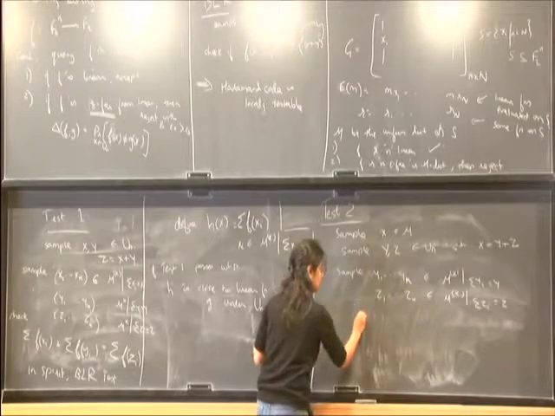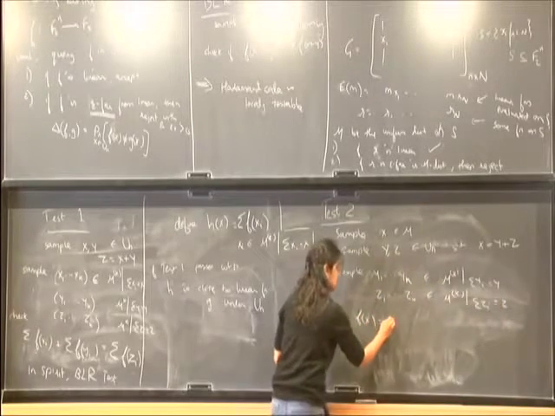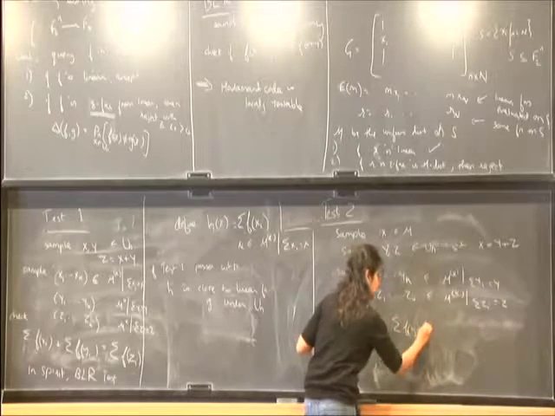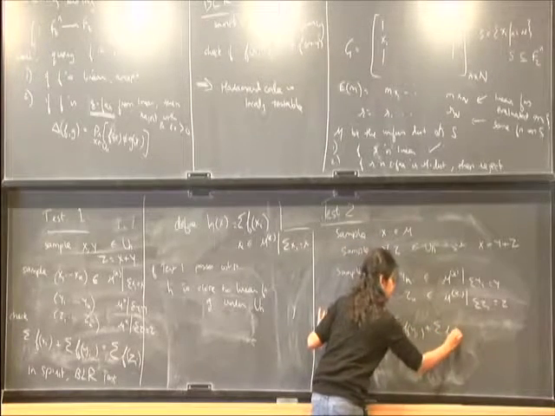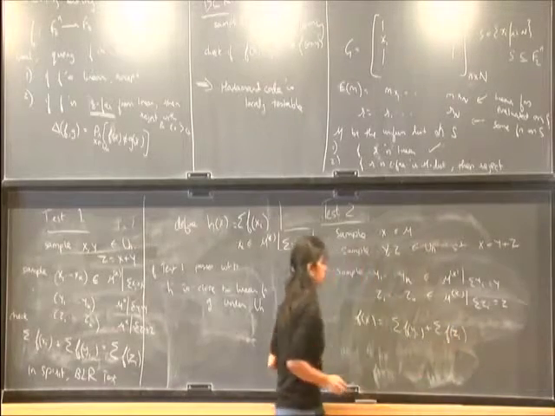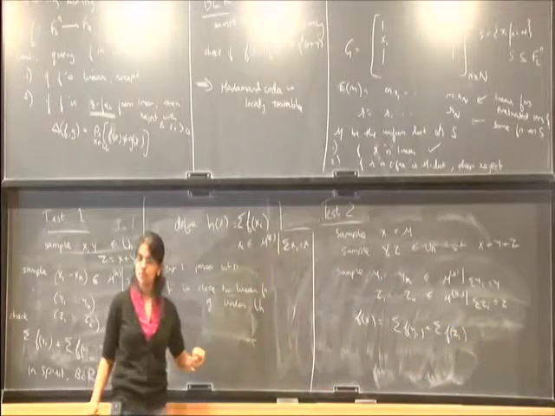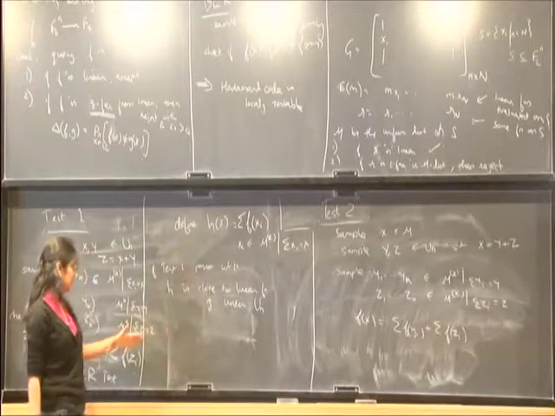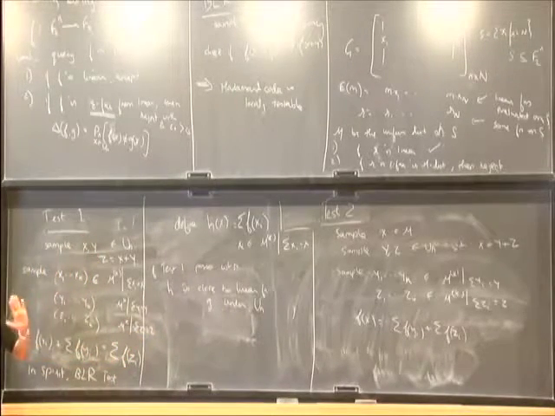And just check if f of x is equal to the sum of f of yi plus the sum of f of zi. We can say that's equal to h of y plus h of z, which is going to be g of y plus g of z, which is g of x.